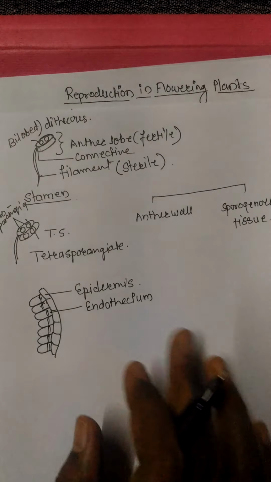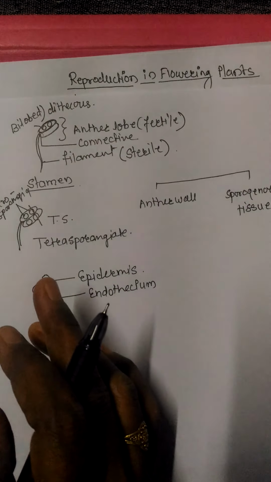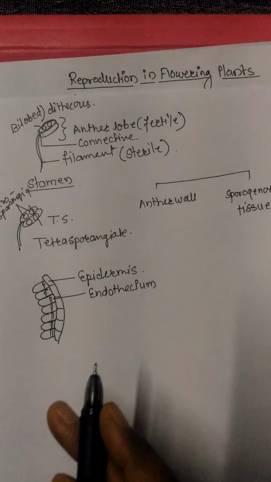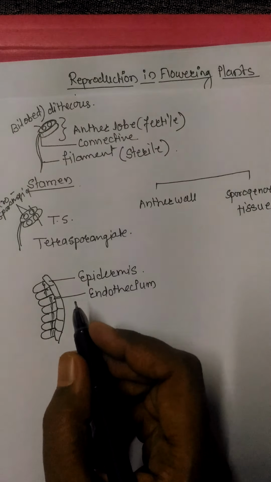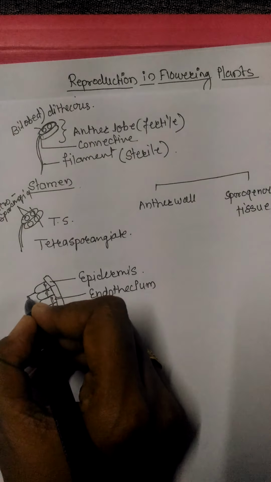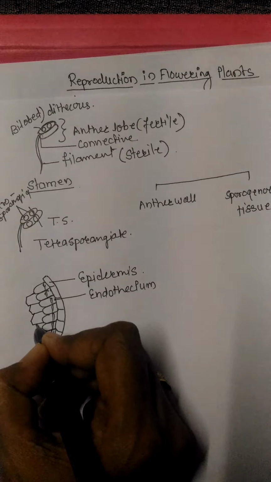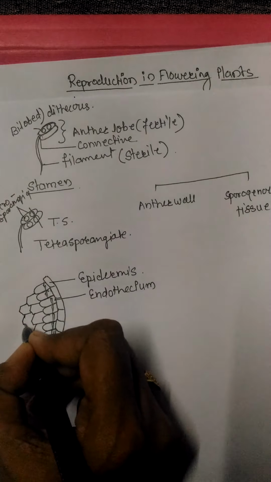This layer is hygroscopic in nature and helps in the dehiscence of anther and discharge of a pollen grain at the time of dehiscence. Then below this layer, presence of middle layer. This middle layer is parenchymatous, and this parenchymatous layer is 2 to 3 in their layers.